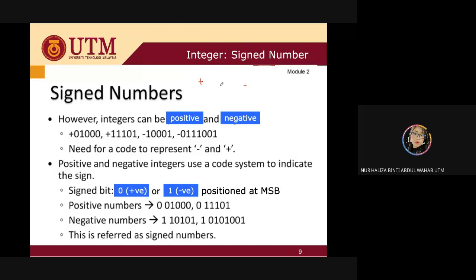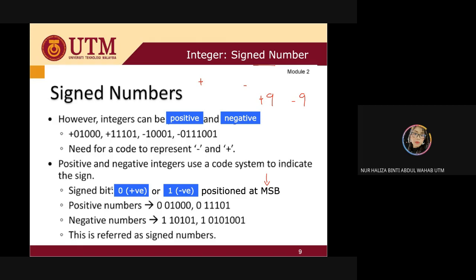We can have a similar magnitude whether positive or negative. And the sign bit, positive or negative, is a position for the MSB, whether it is at the left or at the right.